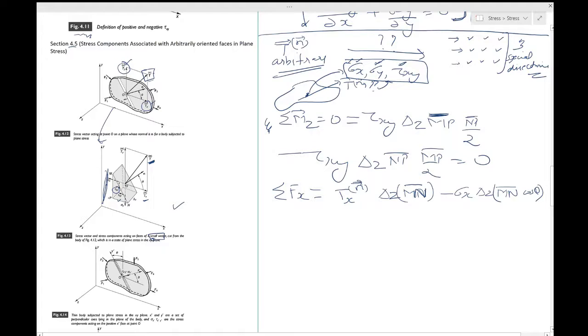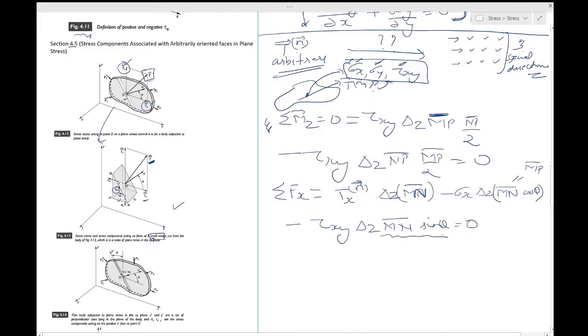Okay, and similarly you should write tau xy into delta z for mn sine theta. So this mn cos theta is actually equal to mp.